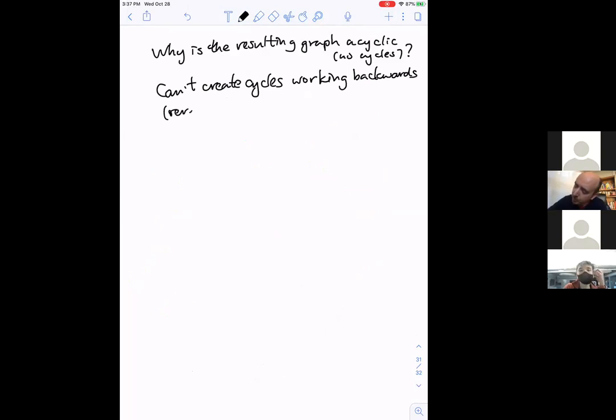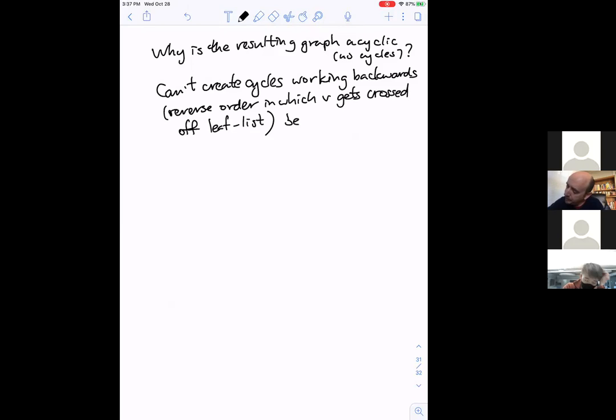In other words, in reverse order in which V gets crossed off the leaf list. Because you always add an edge to a new vertex V. By that I mean a vertex that was just sitting out there isolated, that had no edges attached to it.